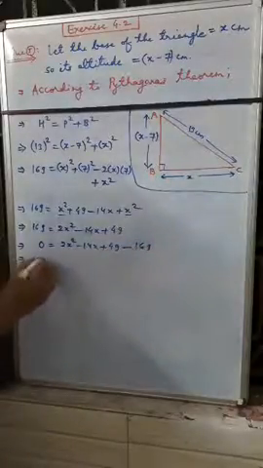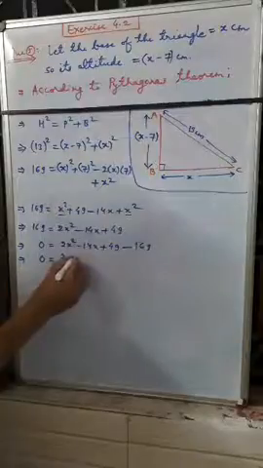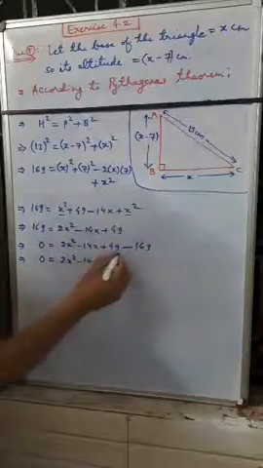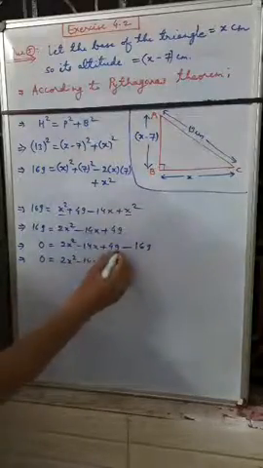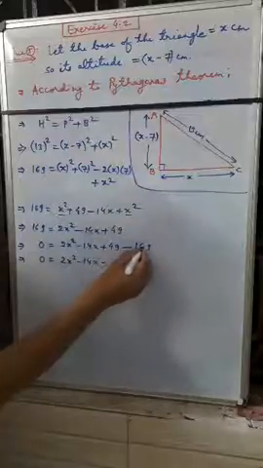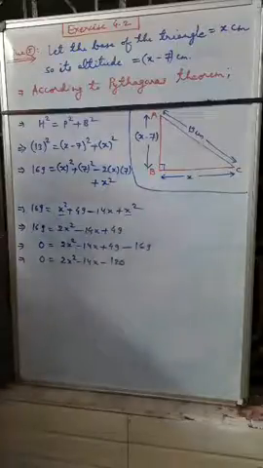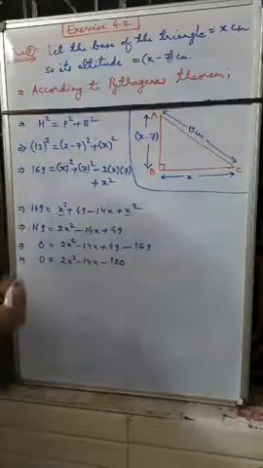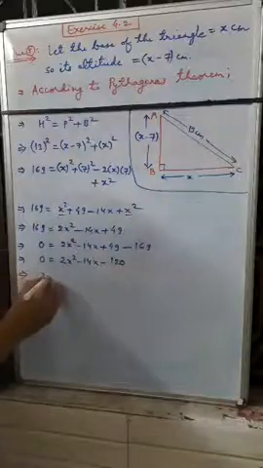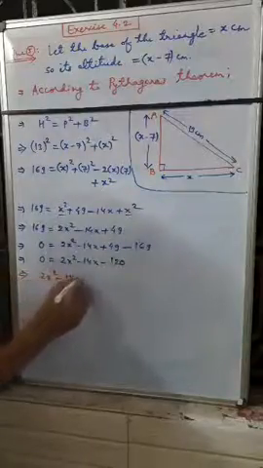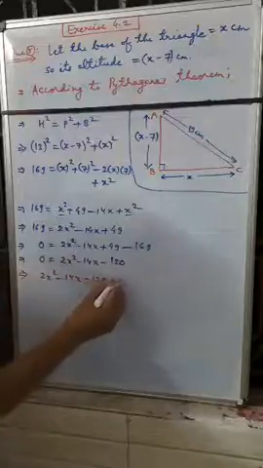So now the equation becomes 2x square minus 14x minus 120, because 49 minus 169 is minus 120. So we can write the equation as 2x square minus 14x minus 120 is equal to 0.